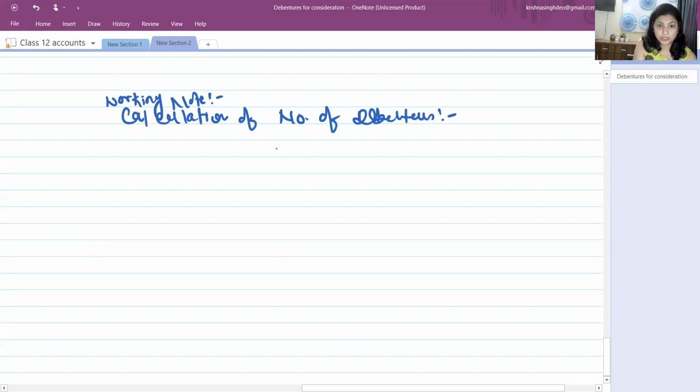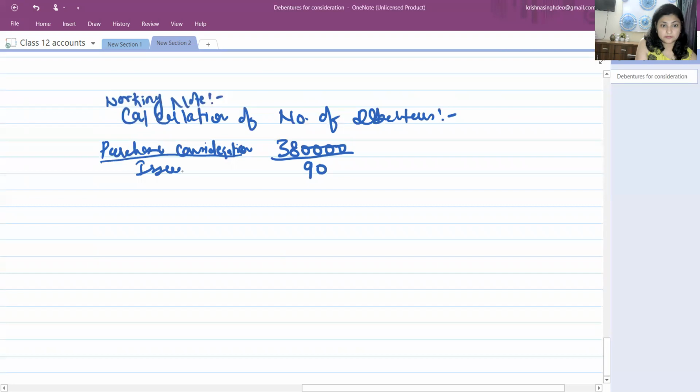This is going to be the purchase consideration, which is 3,80,000, divided by the issue price. The issue price is 90. I'll write purchase consideration upon issue price. So the number of debentures is 3,80,000 divided by 90, which is 4,222.222.